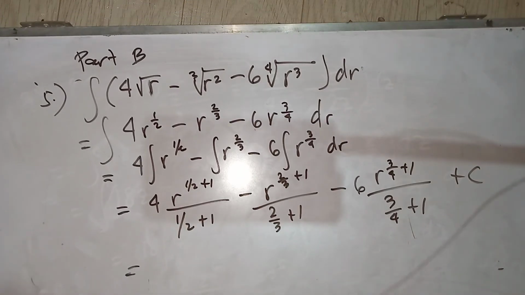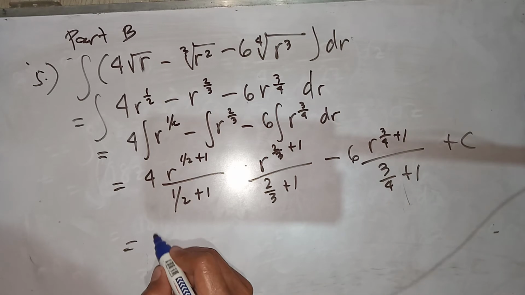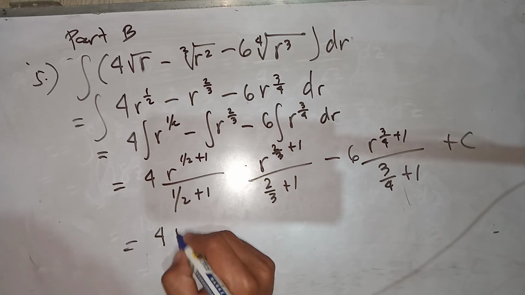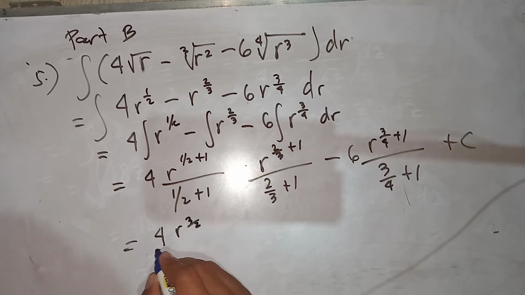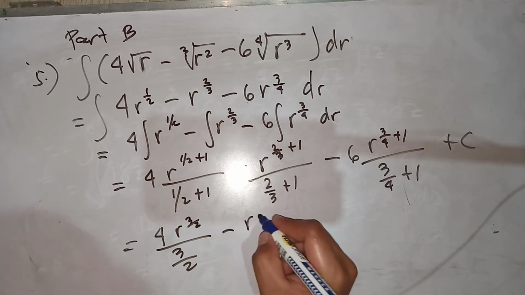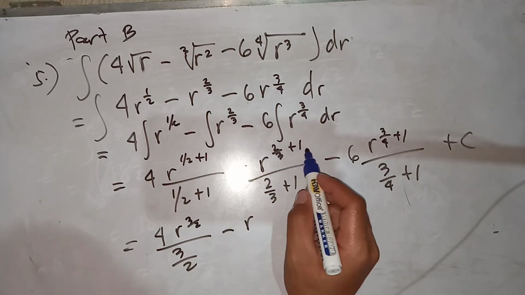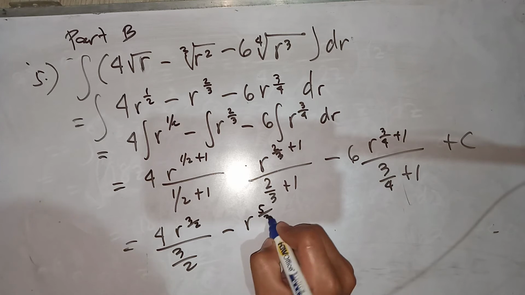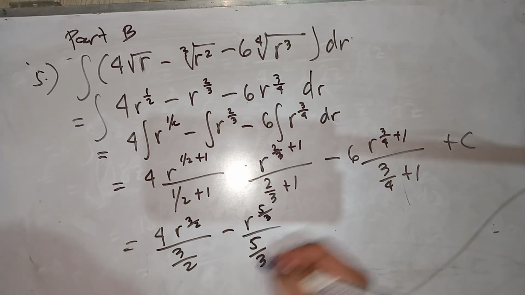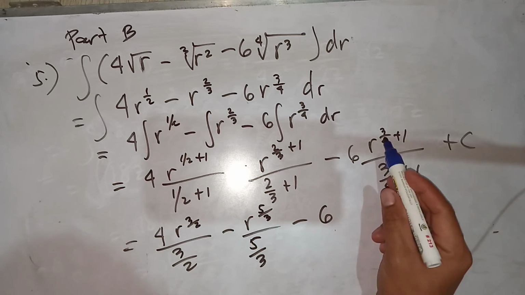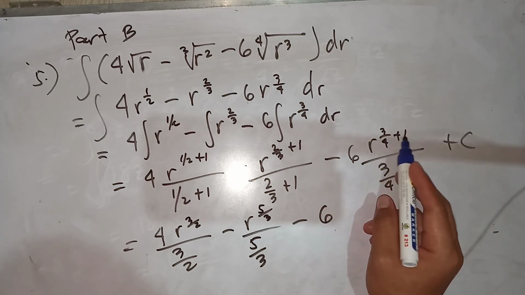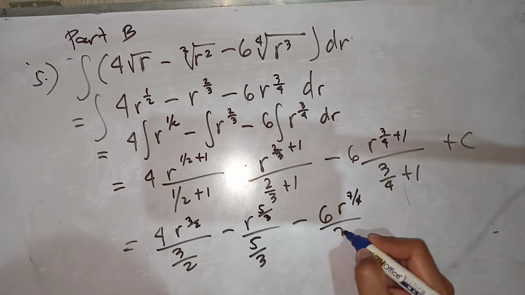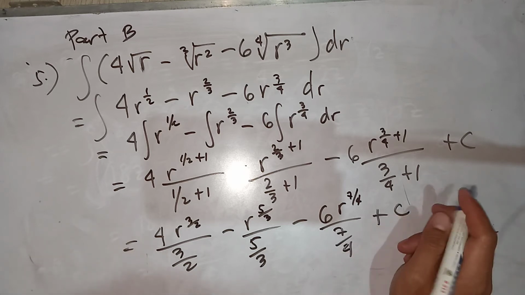And this becomes 4. 1/2 plus 1 is 3/2, r to 3/2, minus r to 2/3 plus 1 is 5/3, over 5/3, minus 6. 3/4 plus 1 is 7/4, r raised to 7/4 over 7/4 plus c.